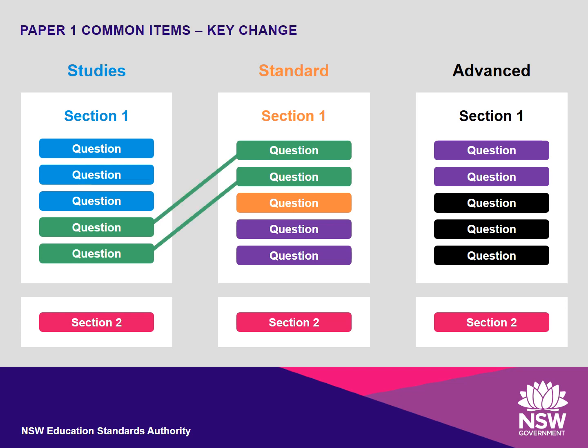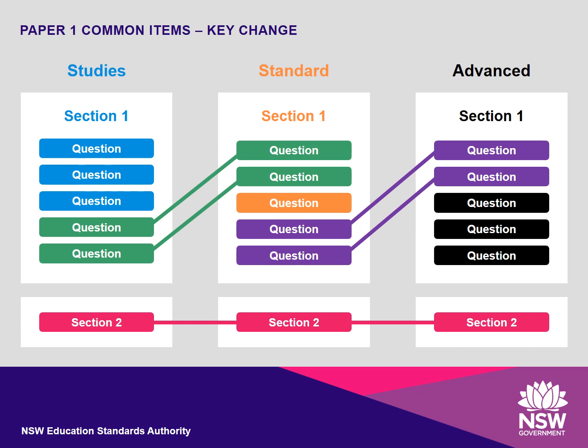If you look at the standard section of the diagram, you will see that students start with questions common to English Studies and end with questions that are common to English Advanced, in purple. Section 2, in pink, is the essay question, common for all English Studies, Standard and Advanced students.